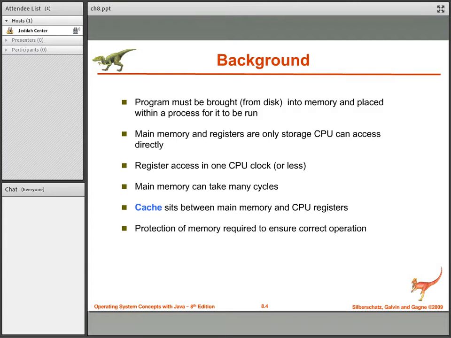The main memory and the registers are the only storage areas that the CPU can access directly. The CPU can access it by sending instructions so that the main memory can send back data or instructions to the CPU.